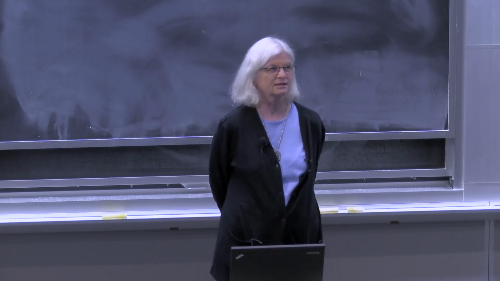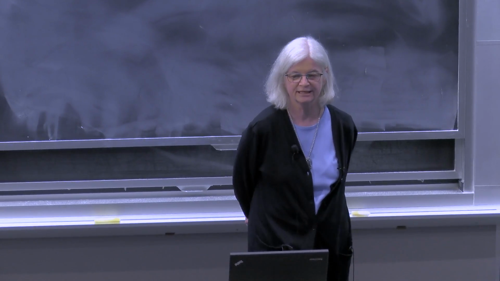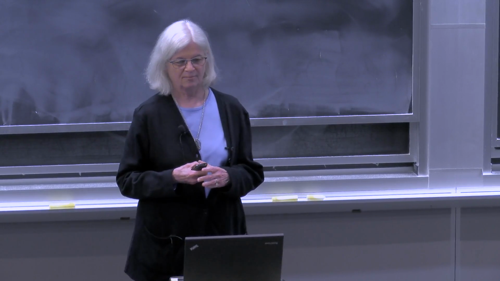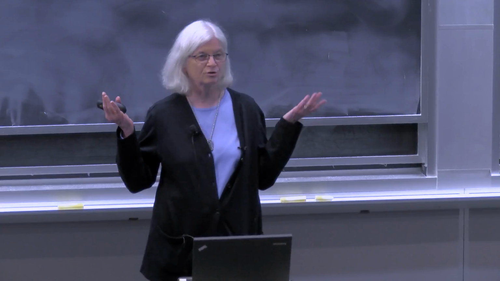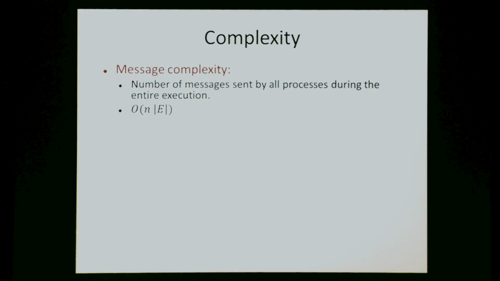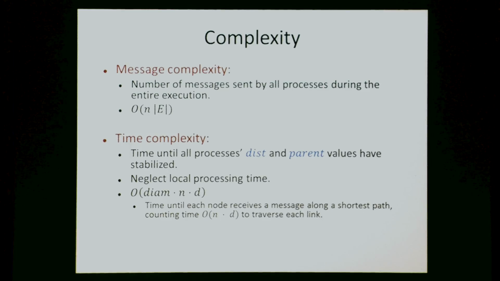So the problem is get a shortest path spanning tree. Now in an asynchronous network, weighted graph, processes don't know about the graph again. They have UIDs. And everybody's supposed to output its distance and parent in the tree.